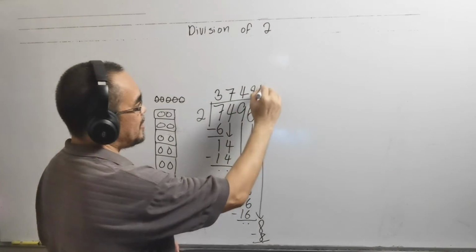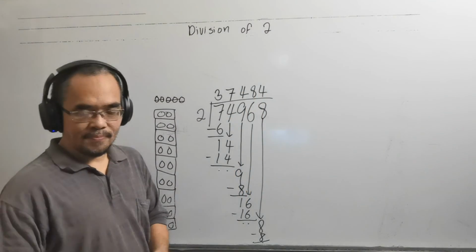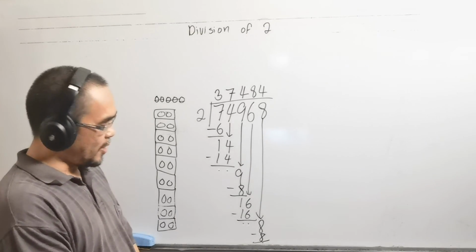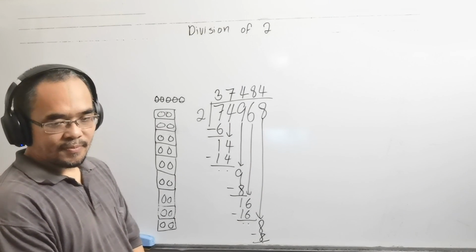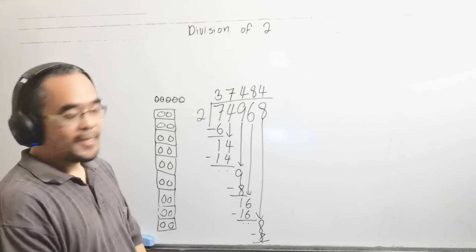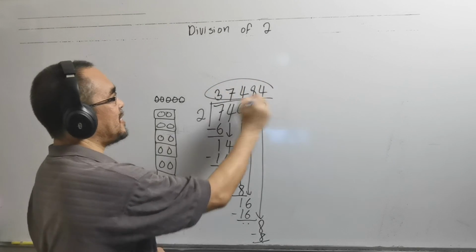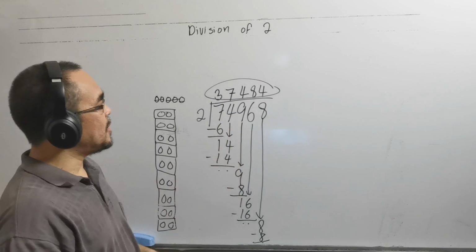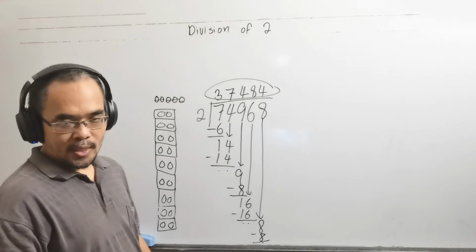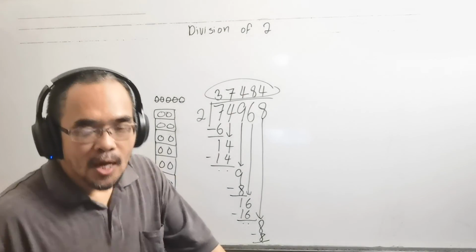On the top here, right. Yes, correct. That's all. So that is the answer if you divide 74,968 by 2.